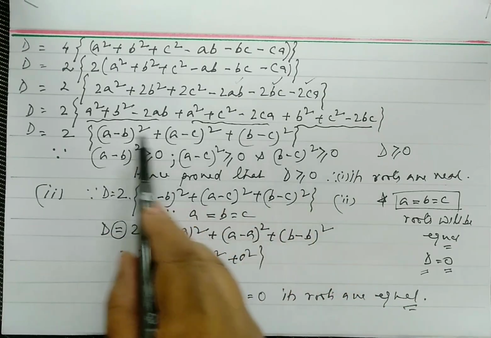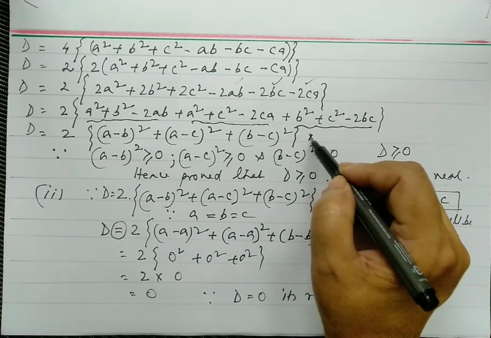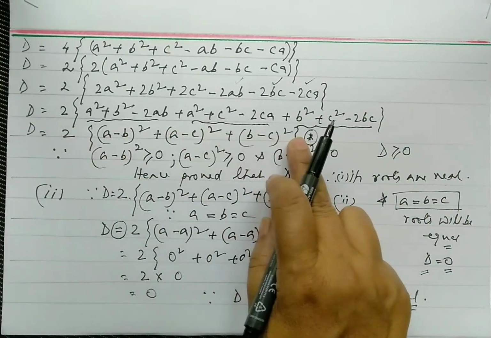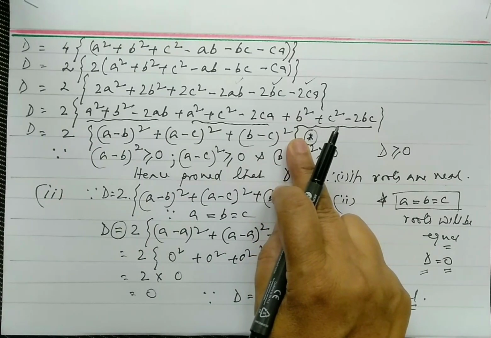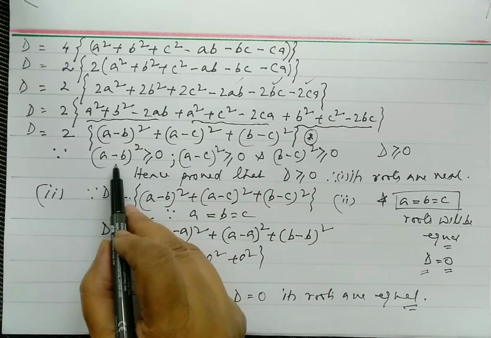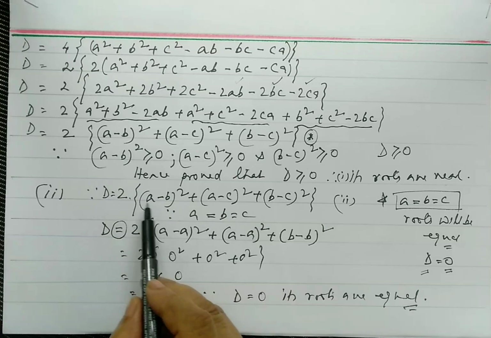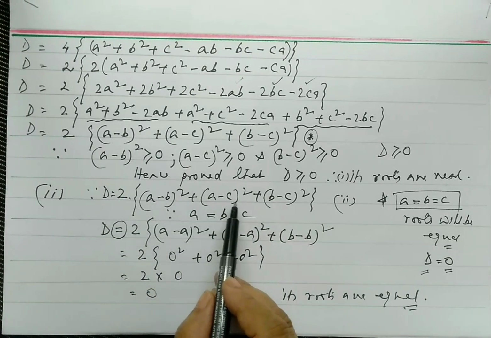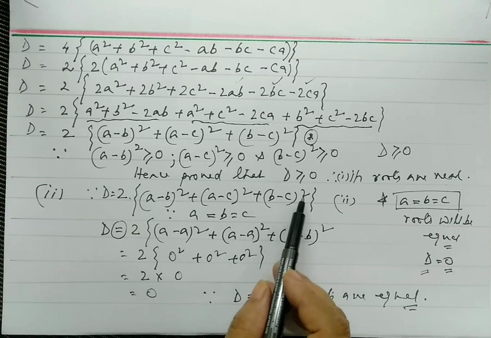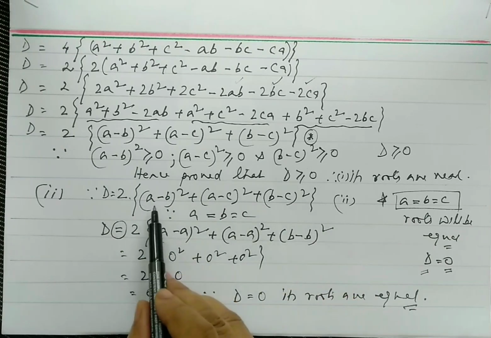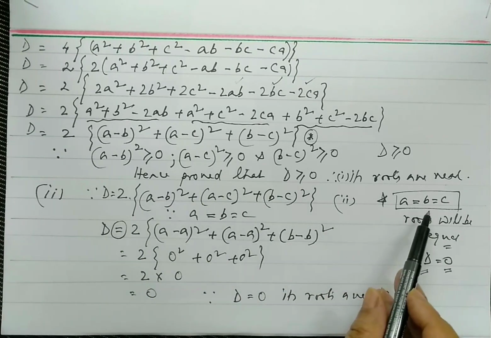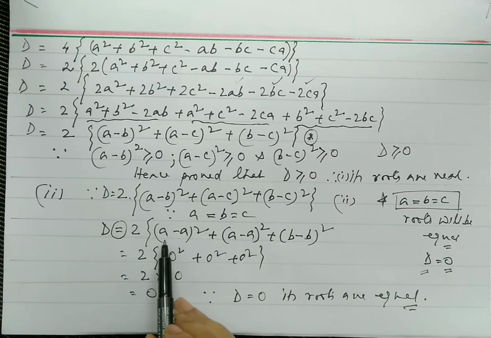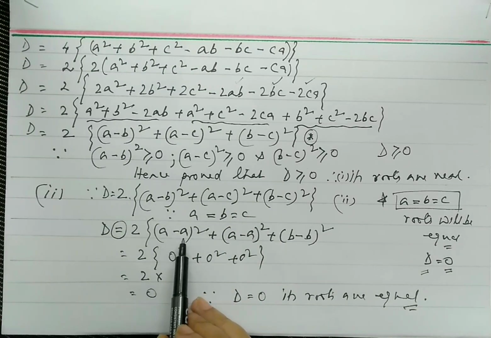We know that this is our D, isn't it? This entire thing. So we have 2 multiplied by (A - B)² + (A - C)² + (B - C)² as D. If A is equal to B, can we not conveniently write A minus A, which is equal to 0?